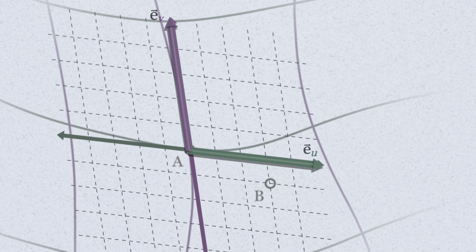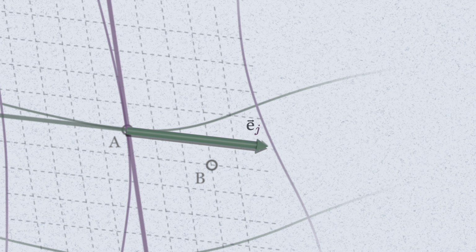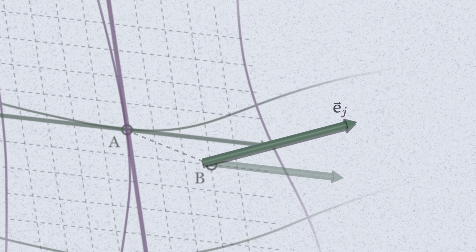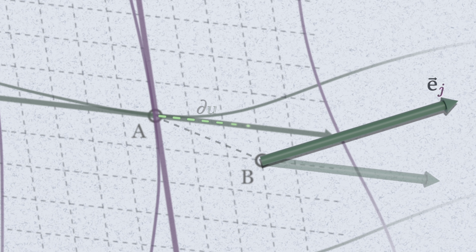Next, let's recognize that as we transport a given basis vector e_j from point A to point B, this involves both a displacement du in the u-coordinate direction and a displacement dv in the v-coordinate direction.